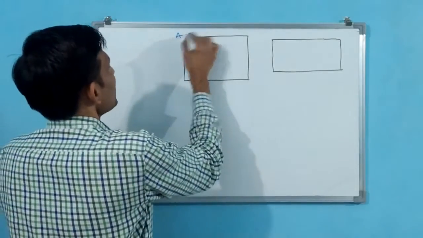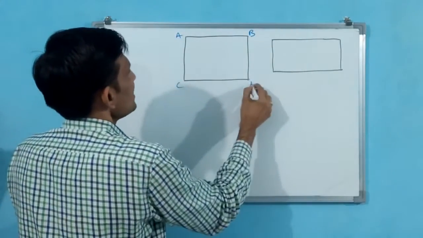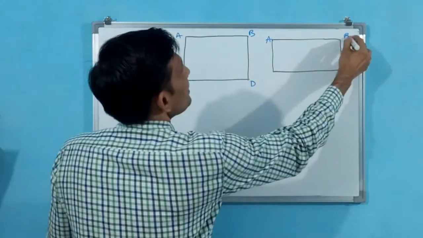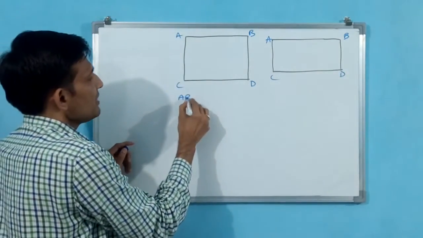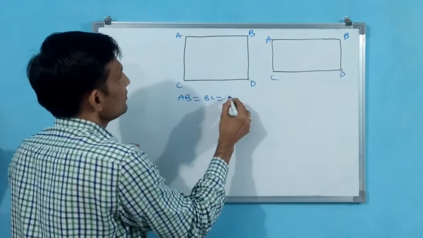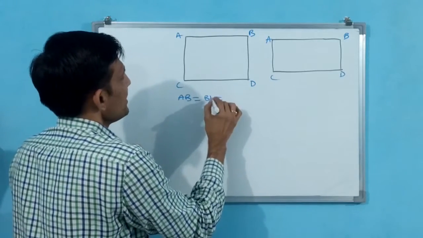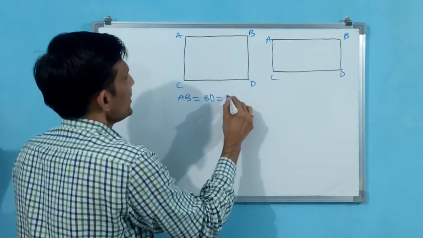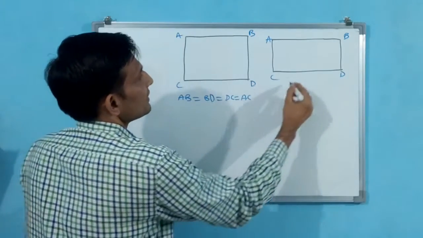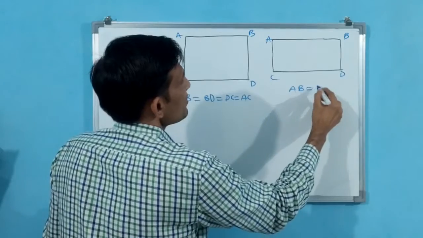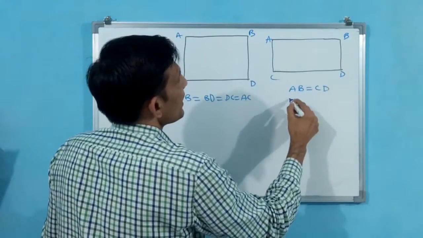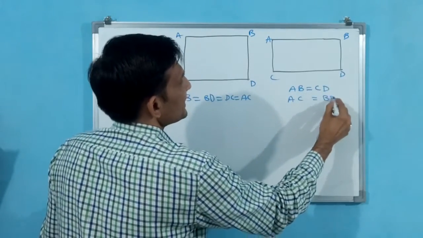A, B, C, D. For a square, AB is equal to BC is equal to BD is equal to DC is equal to AC. But for the rectangle, AB is equal to CD and AC is equal to BD.